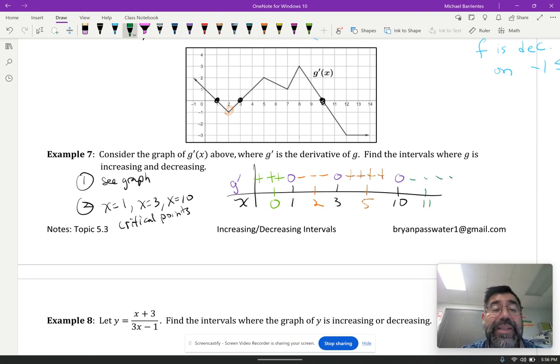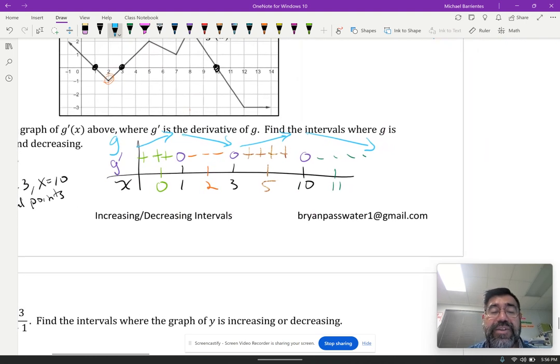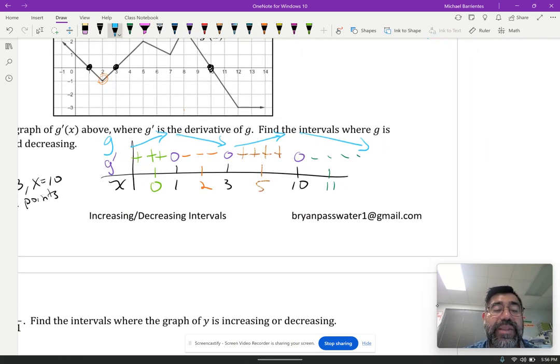So what is this telling me? That's telling me that the original function is increasing, then decreasing, then increasing, then decreasing. So in theory, I should have a maximum point, there's a hill, a minimum point, there's a valley, and a maximum point, there's a hill.